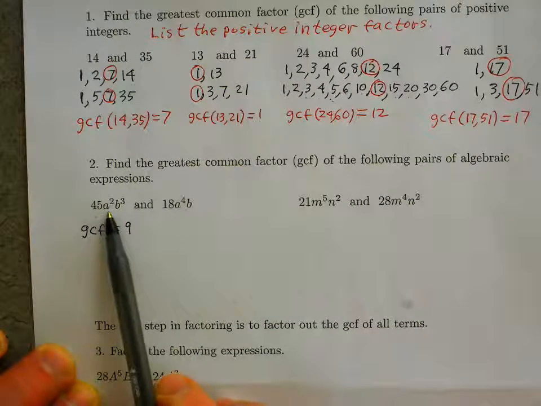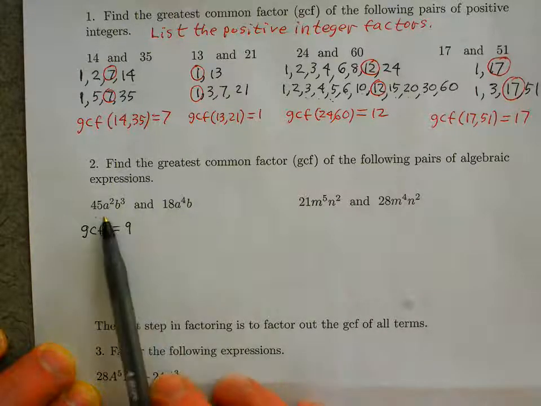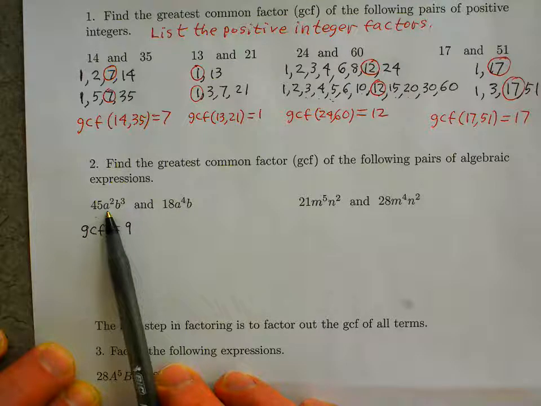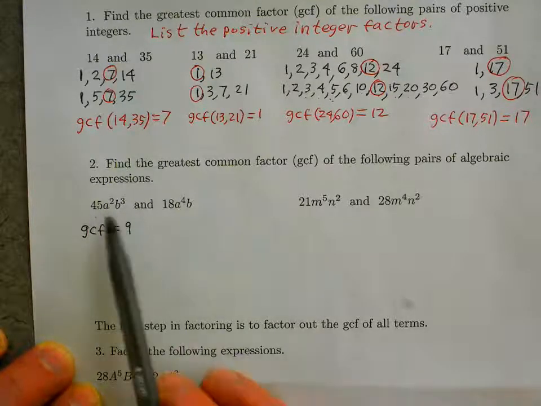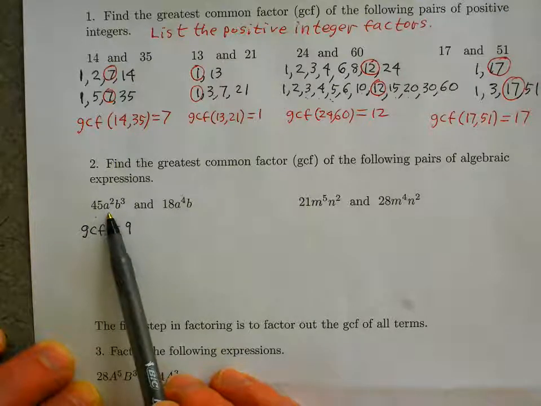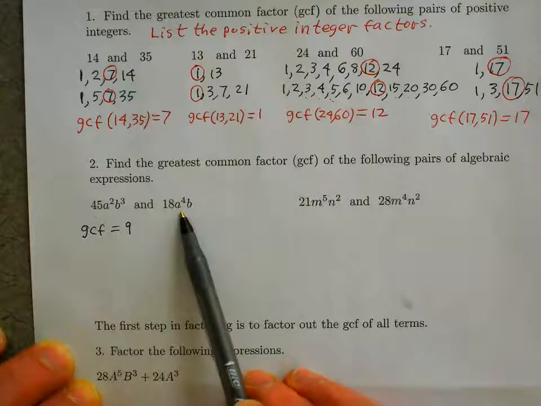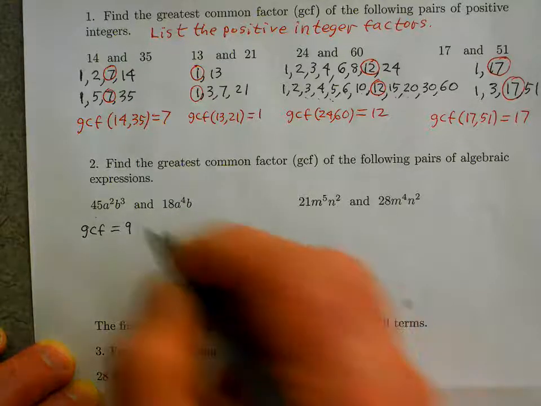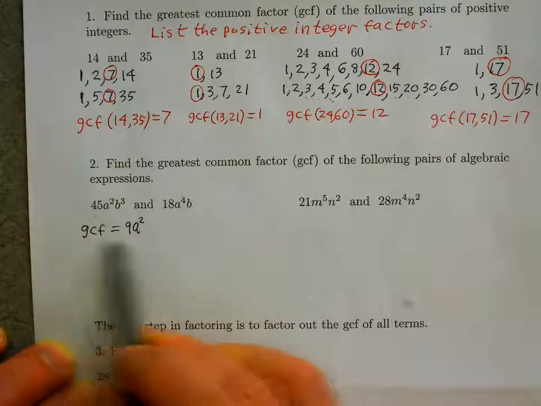When we compare a^2 and a^4, the greatest common factor is the one with the smallest exponent. a^2 is a factor of a^2, because a^2 times 1 is a^2. a^2 is a factor of a^4, because a^2 times a^2 is a^4. So a^2 will be part of the greatest common factor.